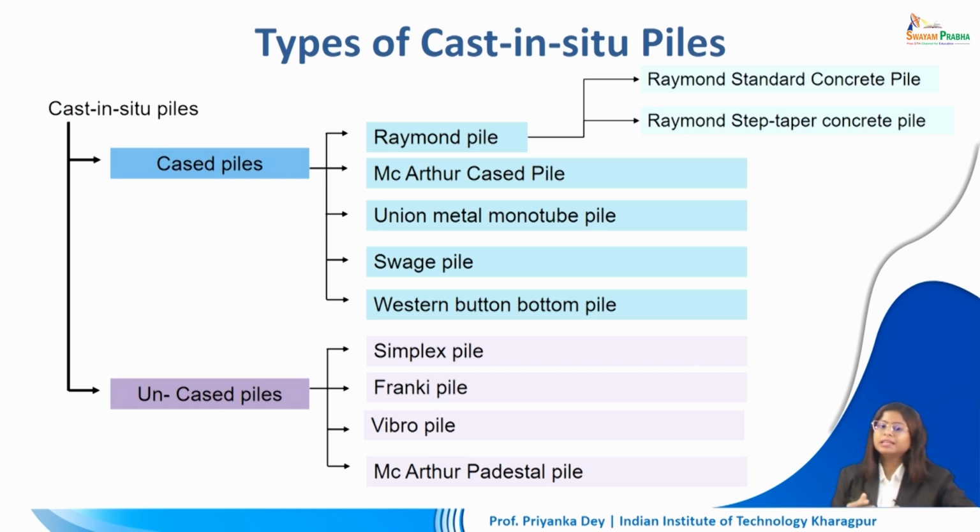Now, swage pile and western button bottom piles actually have a bulb at the end of a specific shape. The swage pile has a plug shape. The western button pile has a mushroom or button shaped bulb at the end of the pile. The uncased pile can be simplex, Franki, Vibro or MacArthur pedestal piles. So these are the subtypes of cased and uncased piles.